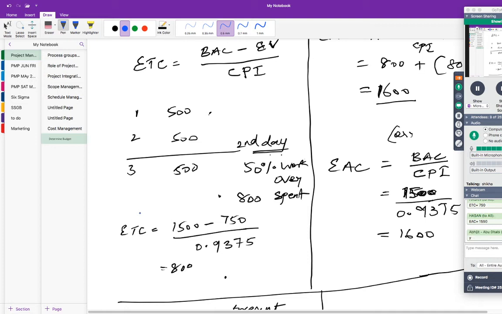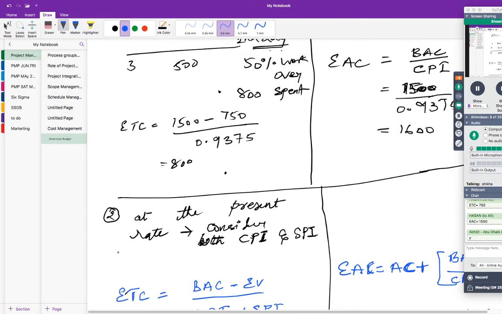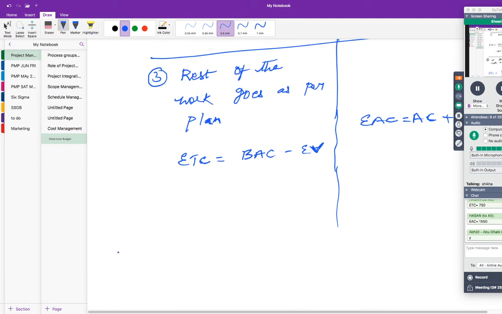Let me know. Correct, right? For 50% of the work, we have actually spent 800. But for the rest of the 50 percent, I say I'll go as per the plan. For the total work of 1500, for 50 percent, how much should we spend? 750, right? So if you calculate it, you will get the same.